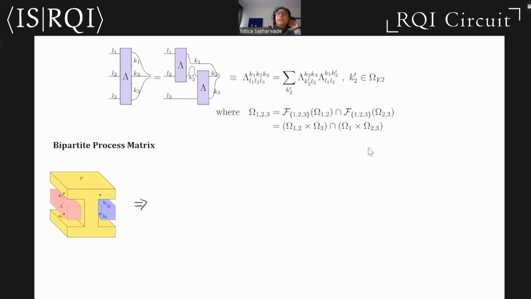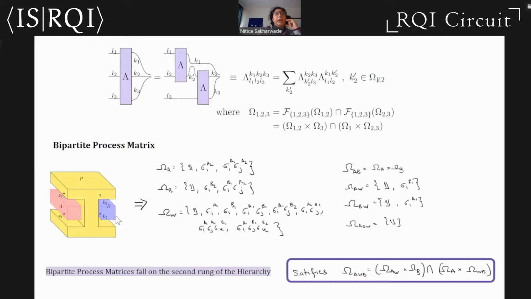We want to check if these equations hold for the bipartite process matrices, where we identify the bipartite process matrix as region 2 and the 2 CPTP maps A and B with region 1 and 3. You can check at the level of sets that this equation holds. Then you can write down the elements of your process matrix calculations and check if this relation holds.